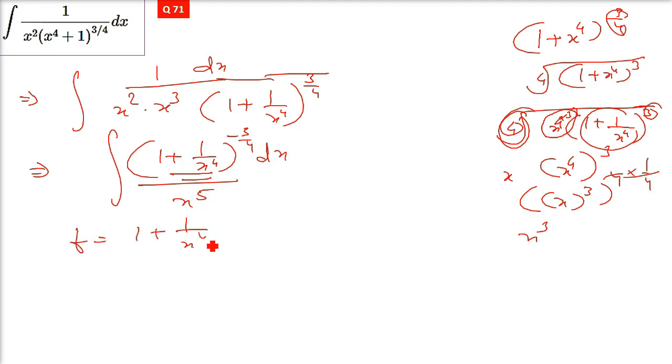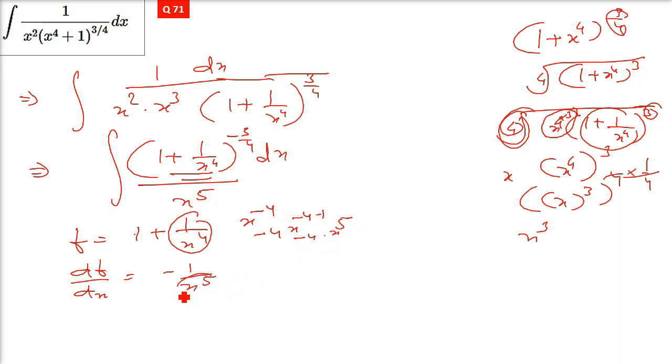That is t equals 1 plus 1 by x to the power 4, dt by dx will be negative 1 by x to the power 5. That's what is in the denominator, dx by x to the power 5. We have got its negative dt. So when we differentiate this x to the power minus 4, n x to the power n minus 1, it will be negative 4 into x to the power minus 5.